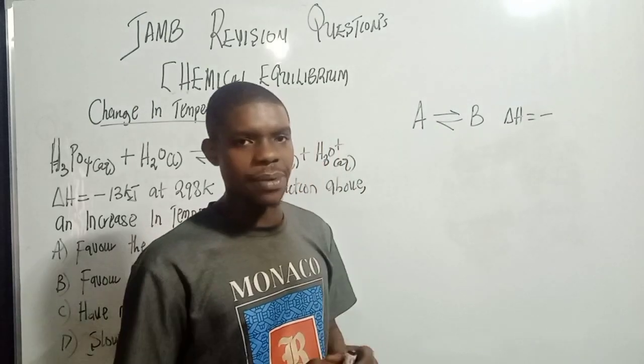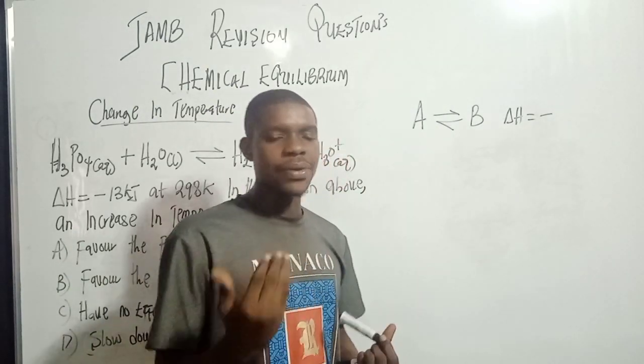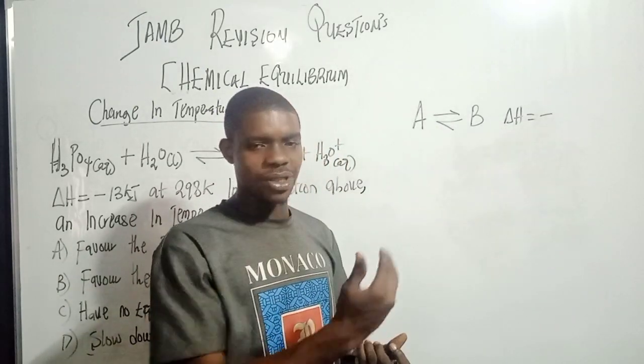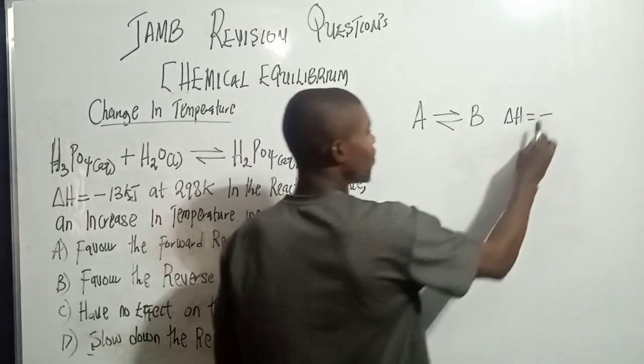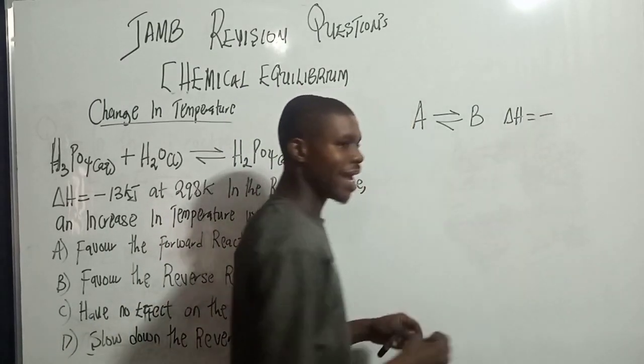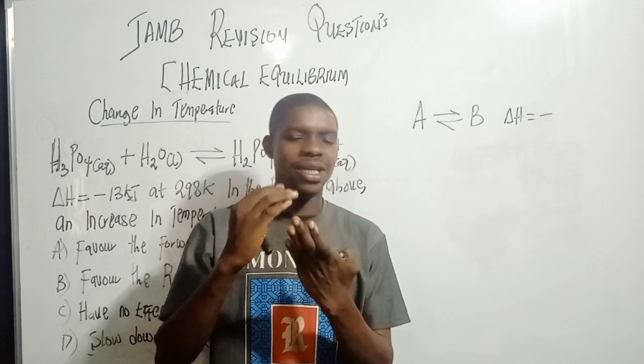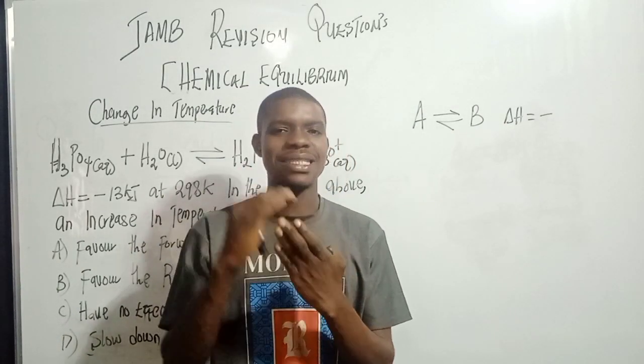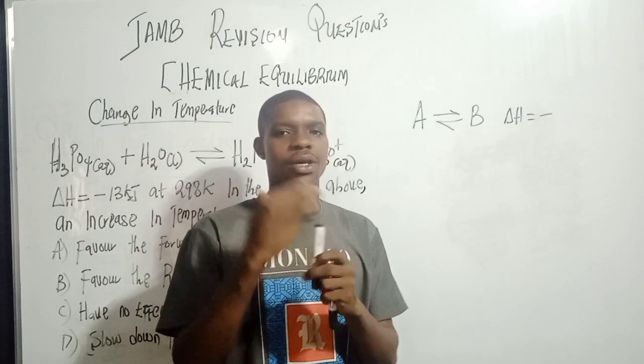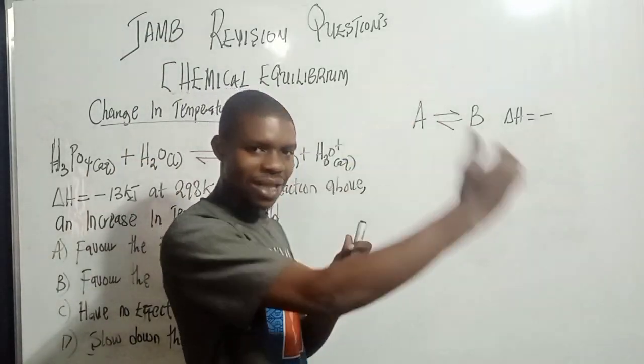Now remember, in an exothermic reaction, it is giving out. So whenever I'm talking about an exothermic reaction, which is negative, I will treat temperature as a product. Why? Because it is giving out.